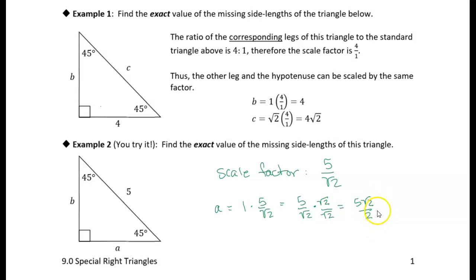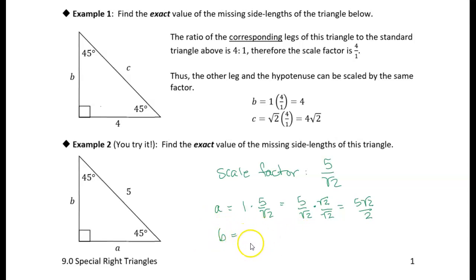If you imagine doing long division, it's a lot easier to divide by 2 than it is the square root of 2. Okay, but I think it's fine if you leave your answers in the form of like 5 over square root 2. It's fine if you don't rationalize the denominator. For me, anyway.